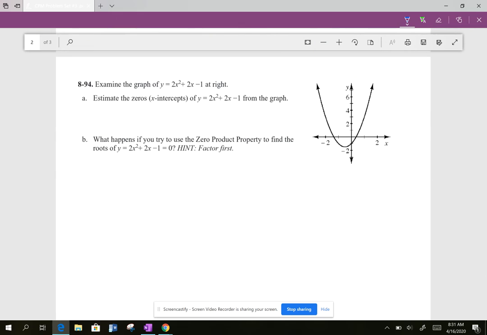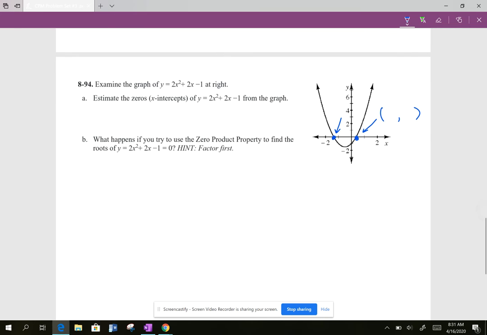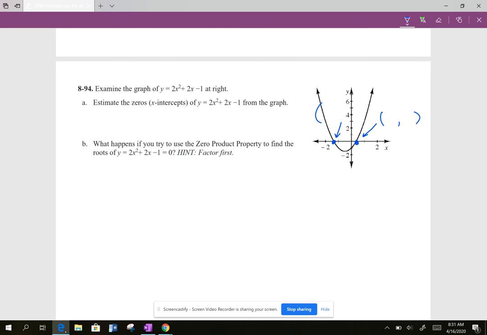Last problem, examine the graph of y equals 2x squared plus 2x minus 1 at right. Estimate the zeros. X-intercepts of y equals 2x squared plus 2x minus 1 from the graph. Just estimate what these are. Write it as a coordinate. Okay, so remember that for x-intercepts, your y coordinate is 0 since you're on the x-axis.